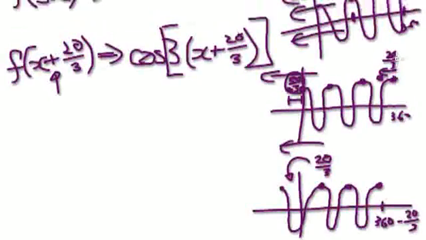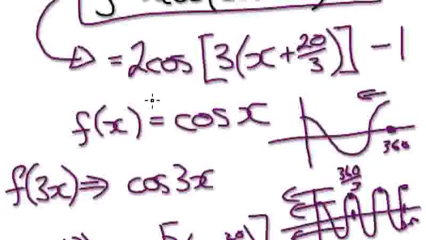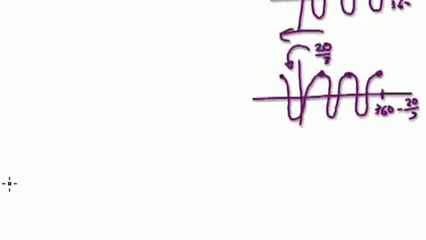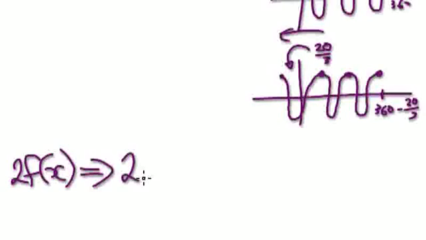Okay, and then our next transformation is this bit here. Hang on, it would be 2f of x. So this is our next transformation here. So this would give us 2 cos square bracket.